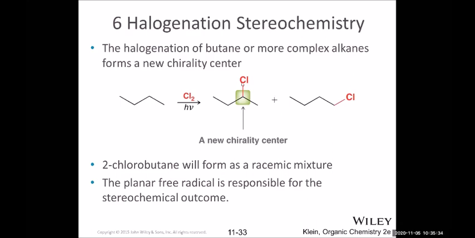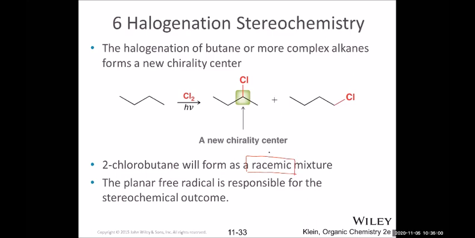And with the trigonal planar radical, after the initiation step, during propagation, the free radical can attack the other molecules from both sides. So it gives a racemic, equal amount of the R and S mixture.